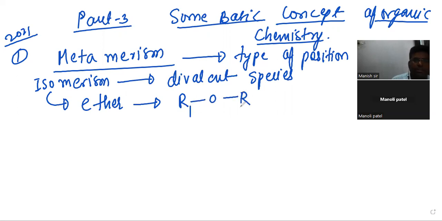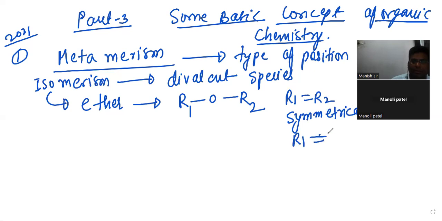The two R groups can be the same or different. When R1 equals R2, it is a symmetrical ether, and when R1 is not equal to R2, it is an unsymmetrical ether. So this is the first compound.